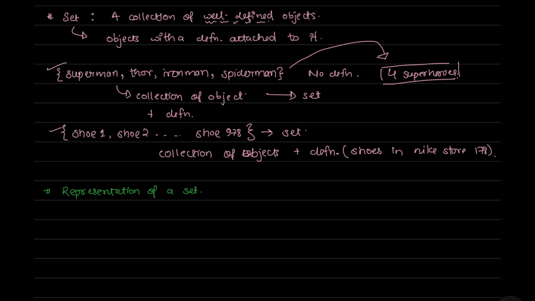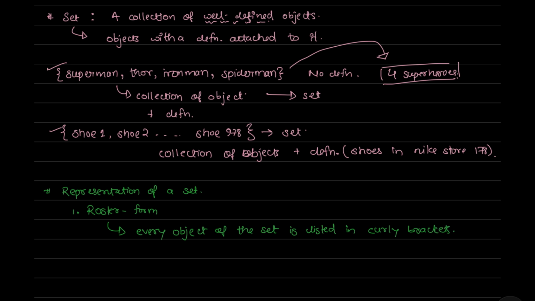Okay. The first one that we have to study is the roster form. In this, every object of the set is listed in curly brackets. This is one important thing, this term curly brackets.